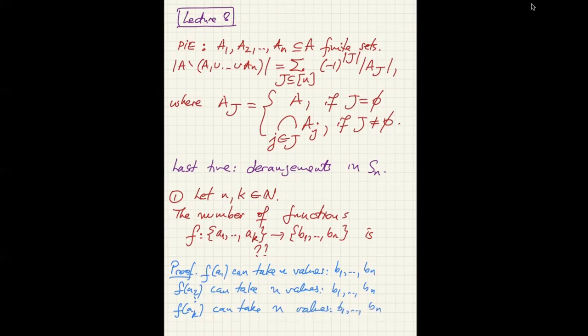Therefore, the number of choices for our function is going to be n times n times n, k times, which is going to be n to the k such functions. So the answer for this first question is n to the power k.